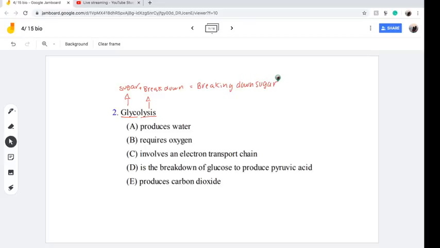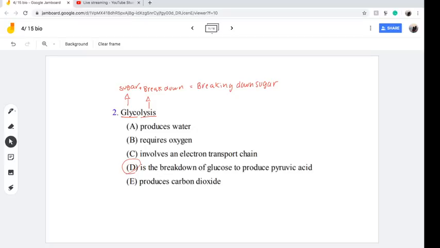So which of the answer choices correctly states the definition of glycolysis? It will be choice D. It says glycolysis is the breakdown of glucose to produce pyruvic acid.